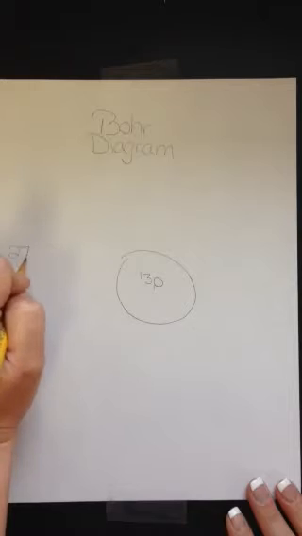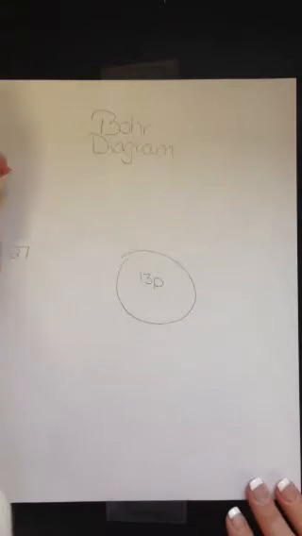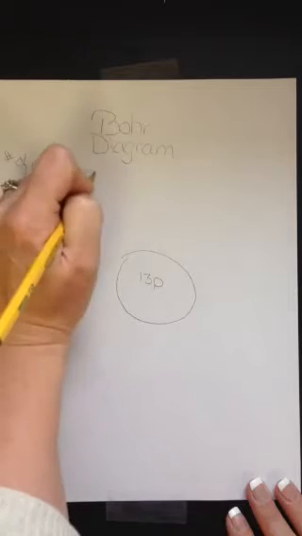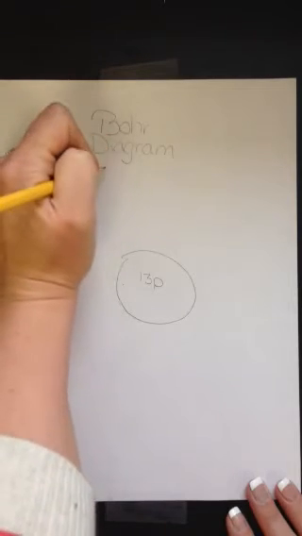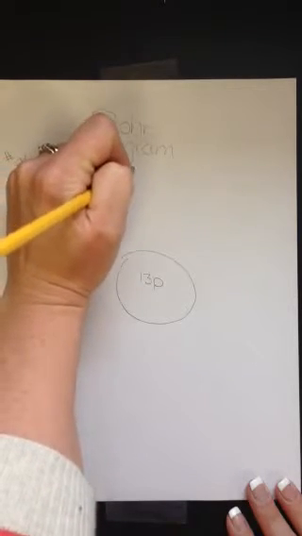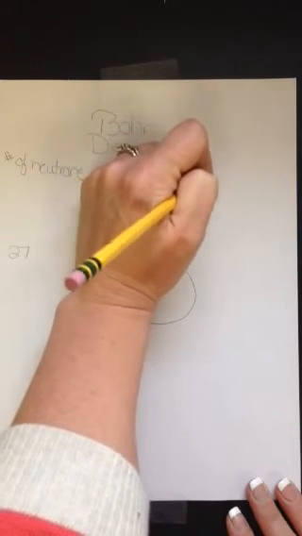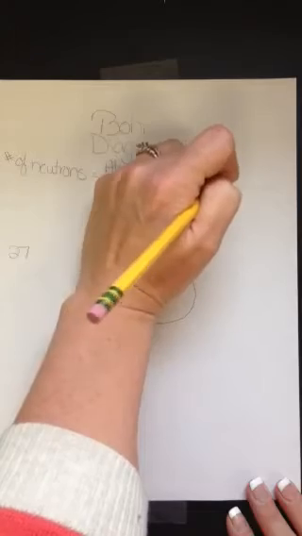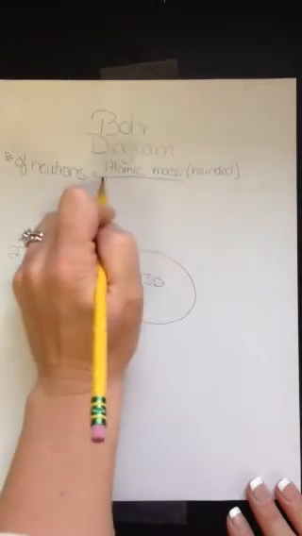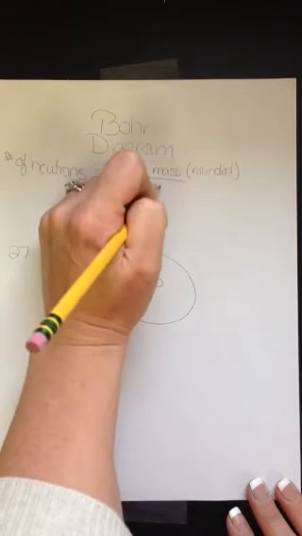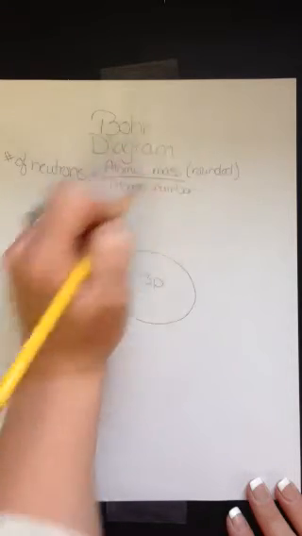If you remember, in order to find the number of neutrons, the number of neutrons equals the atomic mass, rounded, minus the atomic number.